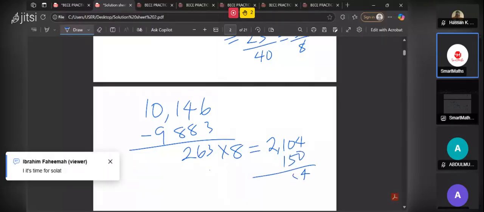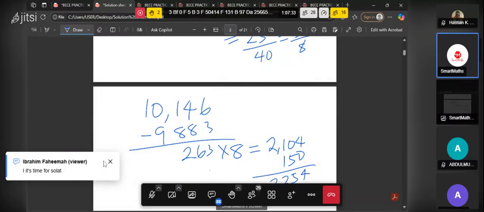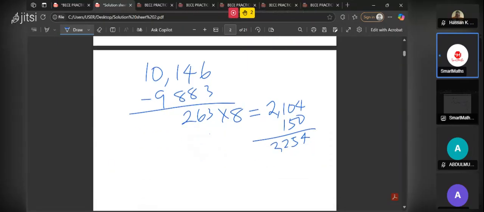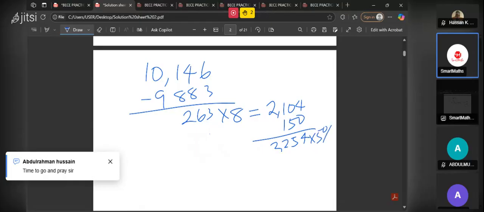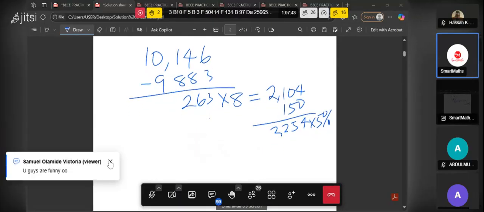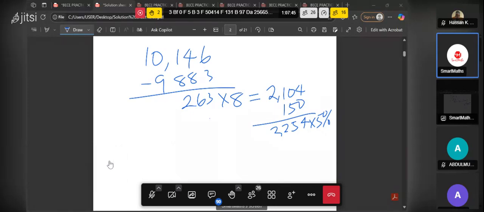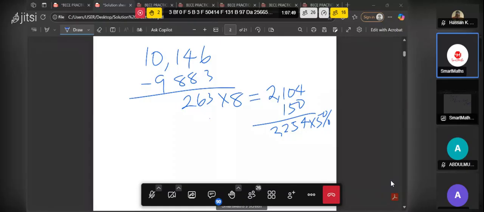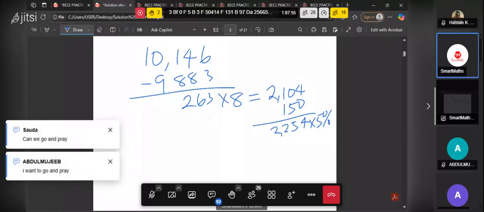So this is 4,522. Then we can find 5% of this, times 5%. So that gives 112.7.